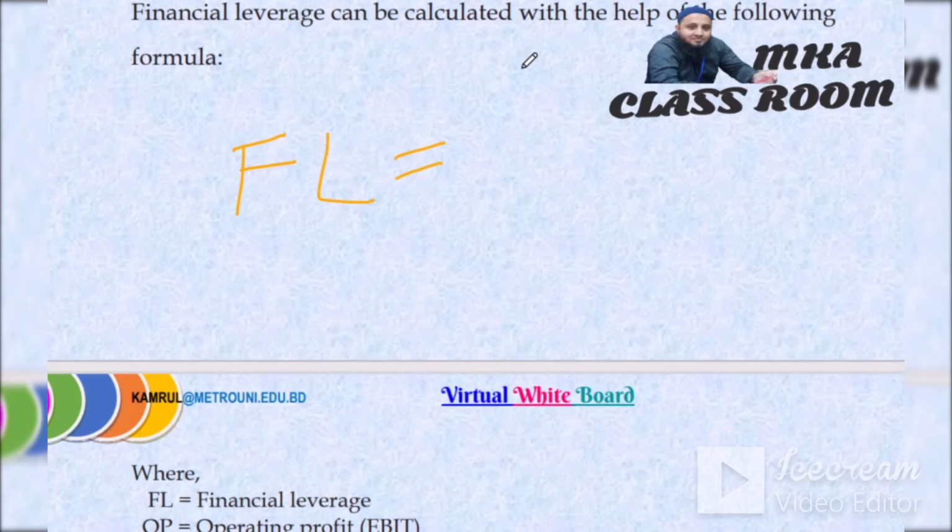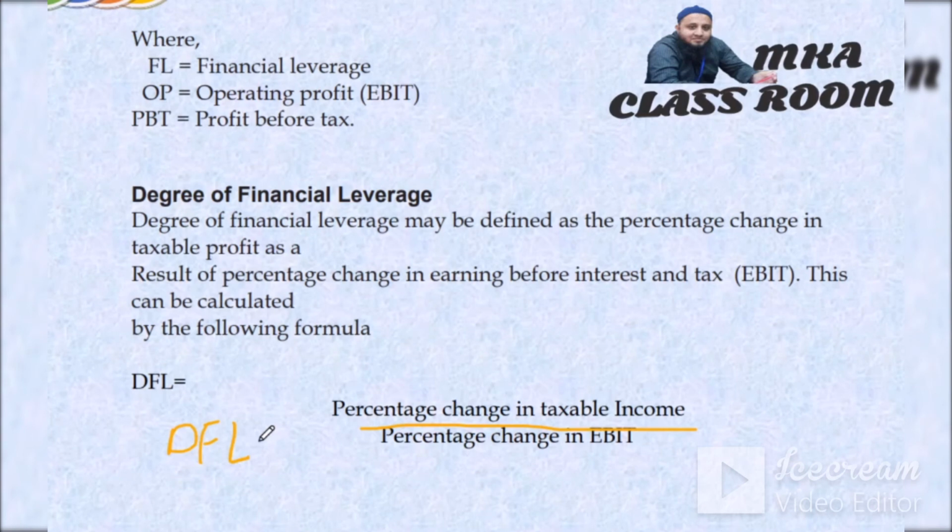This can be calculated with the formula DFL equals percentage change in taxable income divided by percentage change in EBIT.